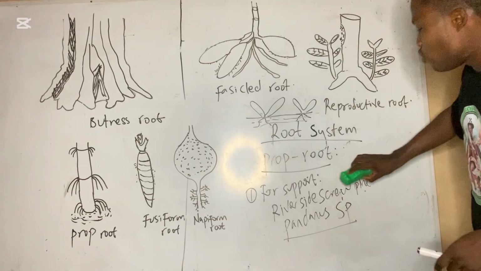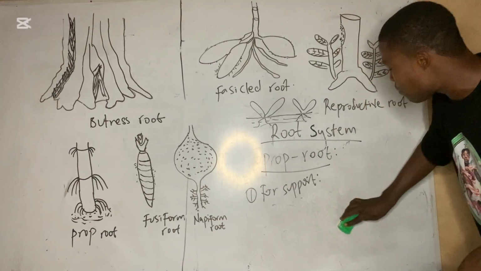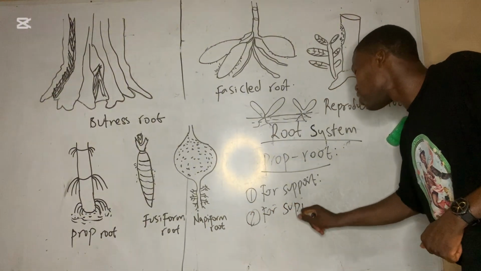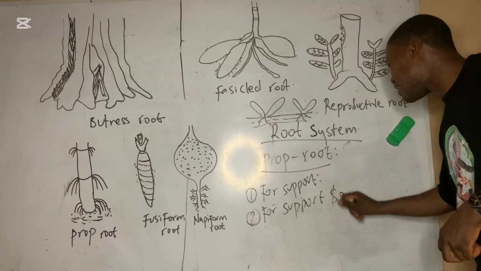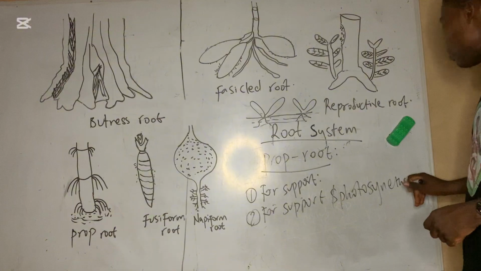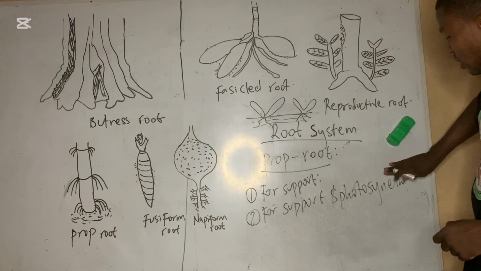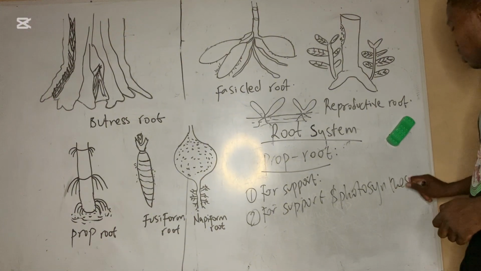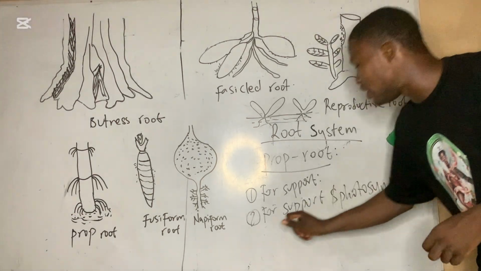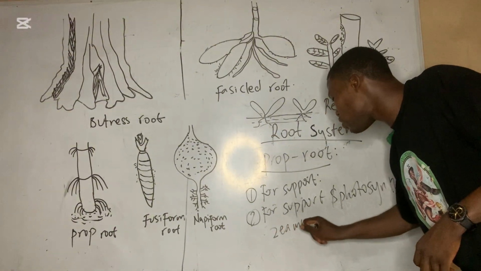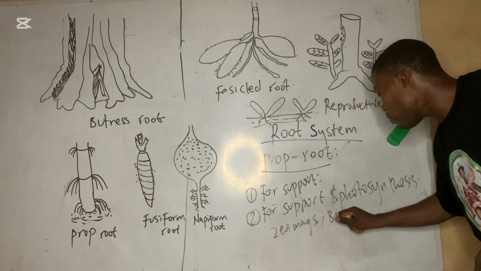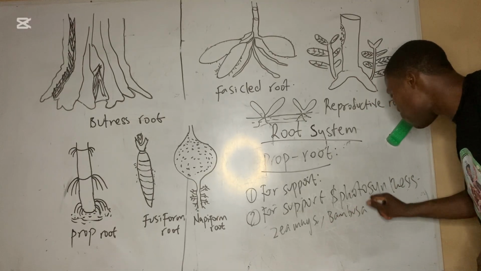Now again, the prop root is used in other plants for both support and photosynthesis. It's used for both in plants such as Zea mays, the maize, and Bambusa bamboos.